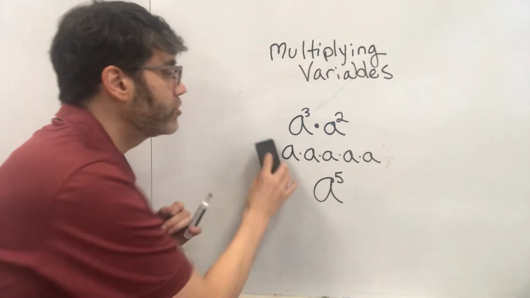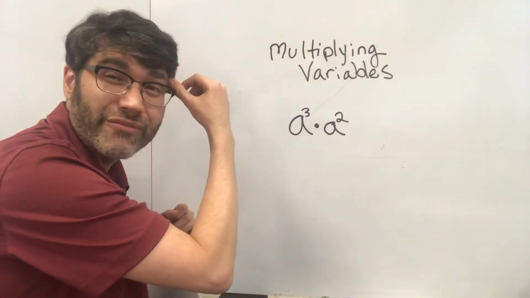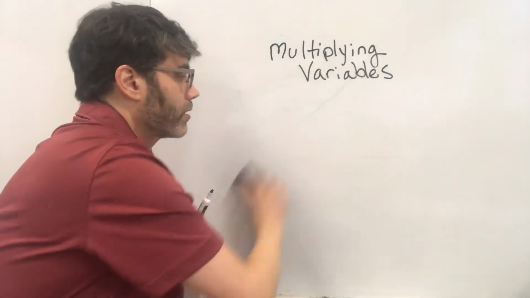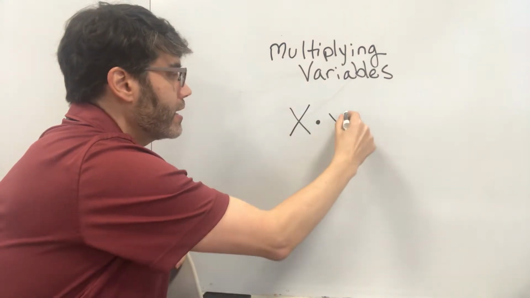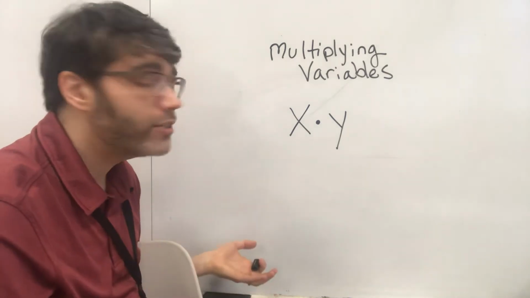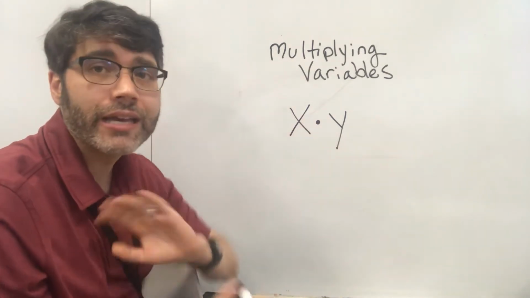Okay, so what if we had not only different terms like this, but different variables also? If we have x times y, so this dot is a multiplication sign, we don't even need to have this dot here. It's implied.